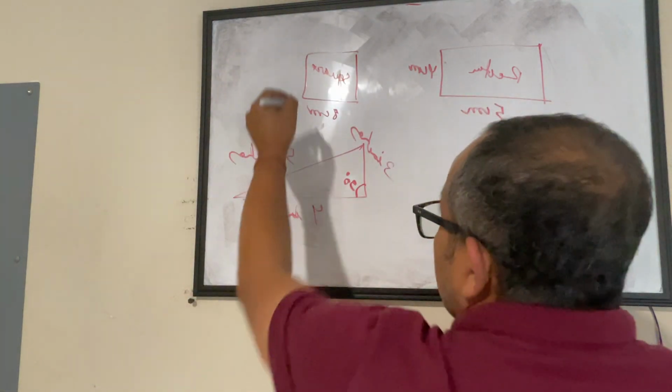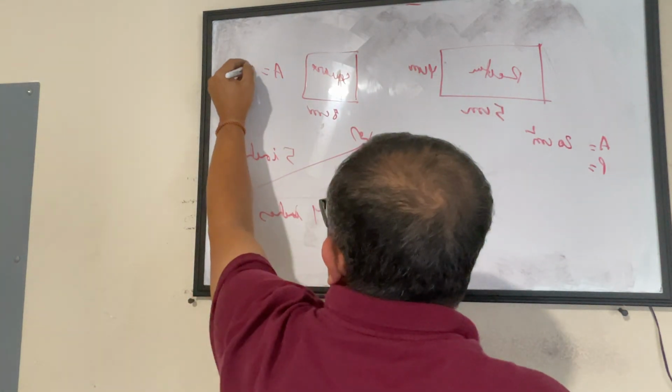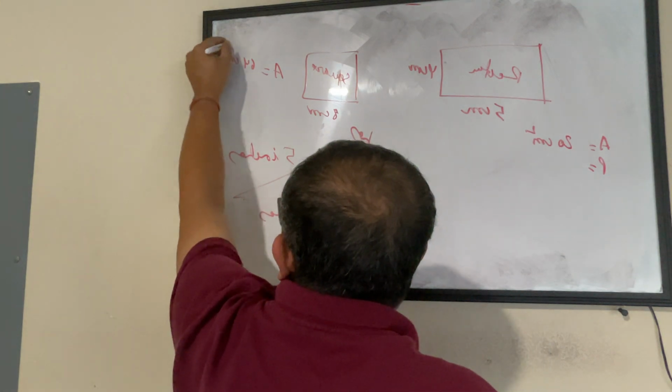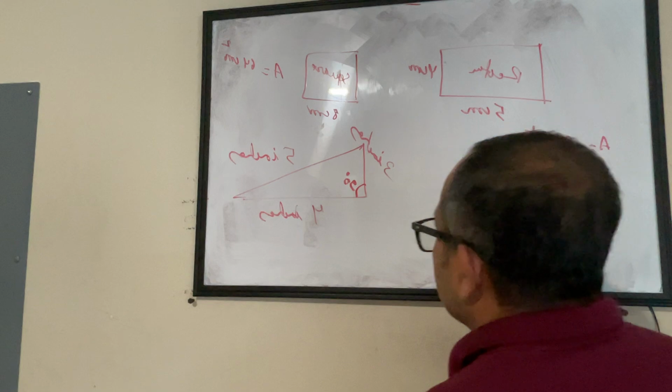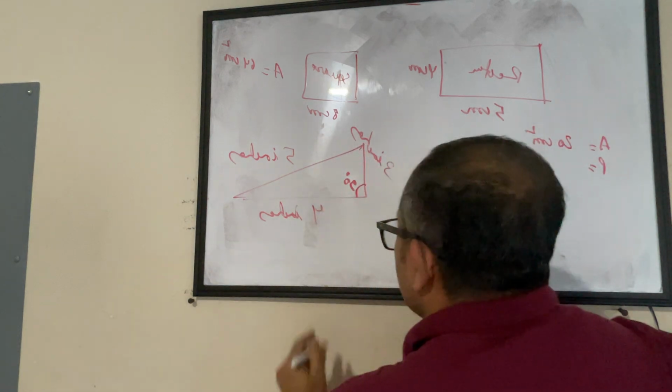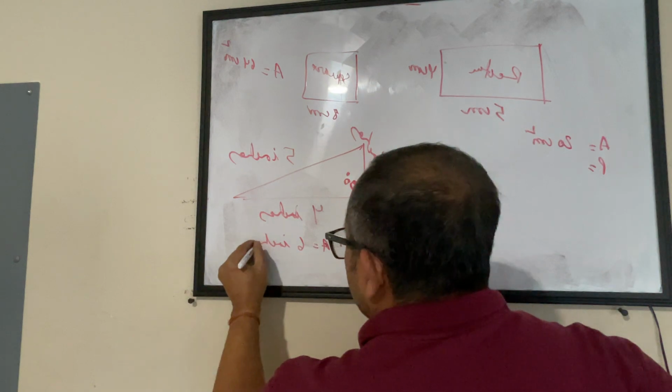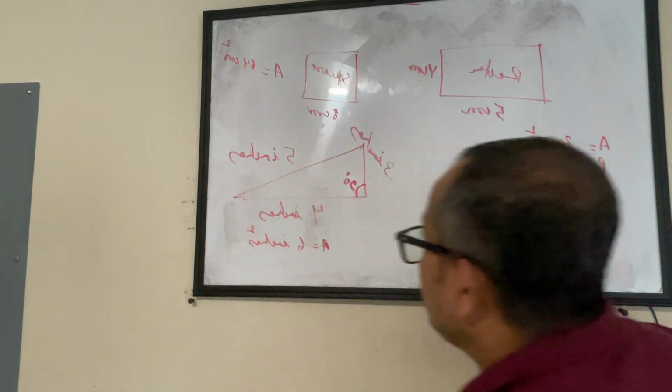So what is the area here? It's 64 centimeters square. How about this one? 6 inches square. Okay, I love that. Good job. Tell me the perimeter.